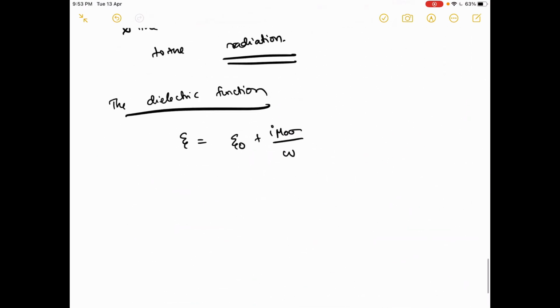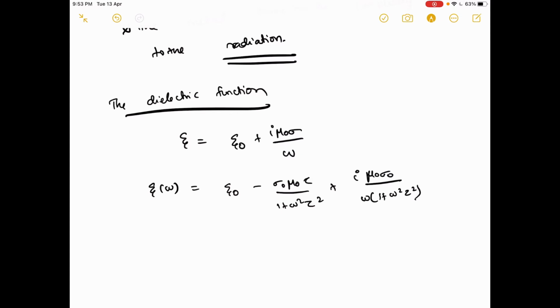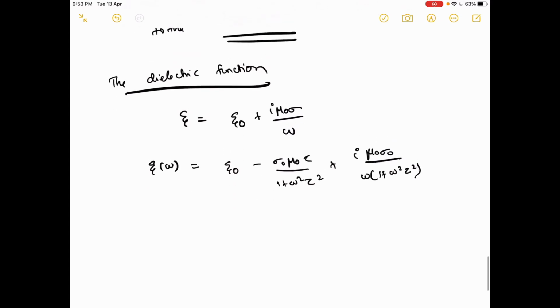If I put in the sigma from our previous expressions, I get a frequency dependent dielectric function, which is epsilon naught minus sigma naught mu naught tau by 1 plus omega square tau square, plus i mu naught sigma naught by omega into 1 plus omega square tau square. So once again, you have a real and an imaginary part of the dielectric function.